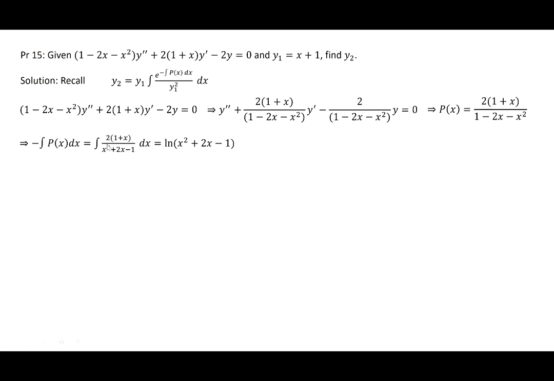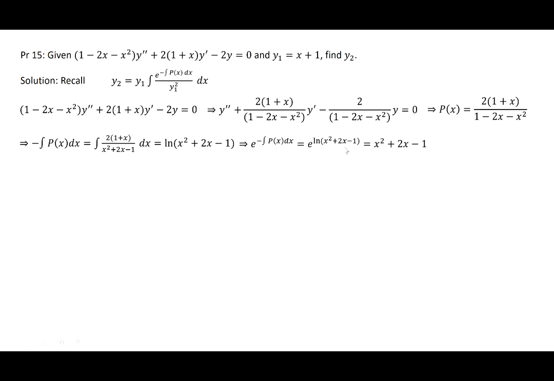So this whole integral becomes du over u, which is natural log of the absolute value of u, but we'll assume that we can find a suitable interval for x. Okay, so this is just simply natural log of x squared plus 2x minus 1. And e raised to this should be x squared plus 2x minus 1.